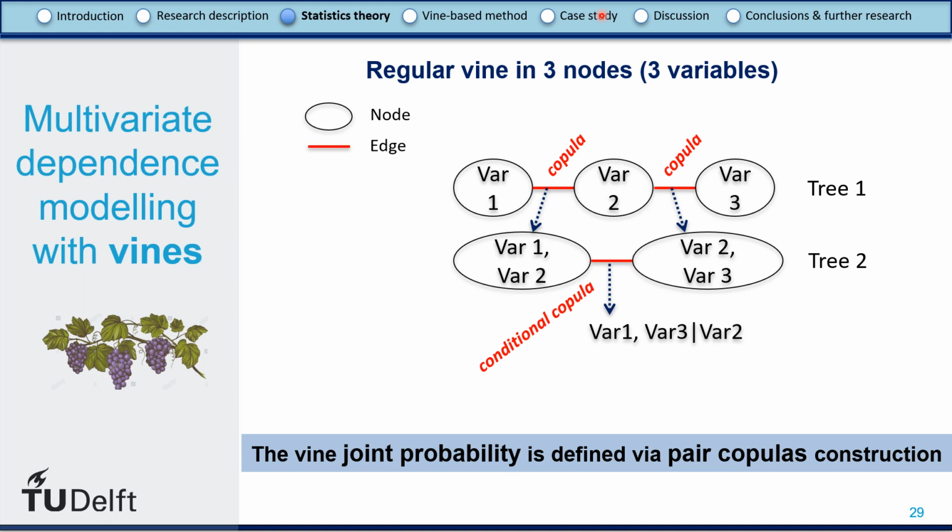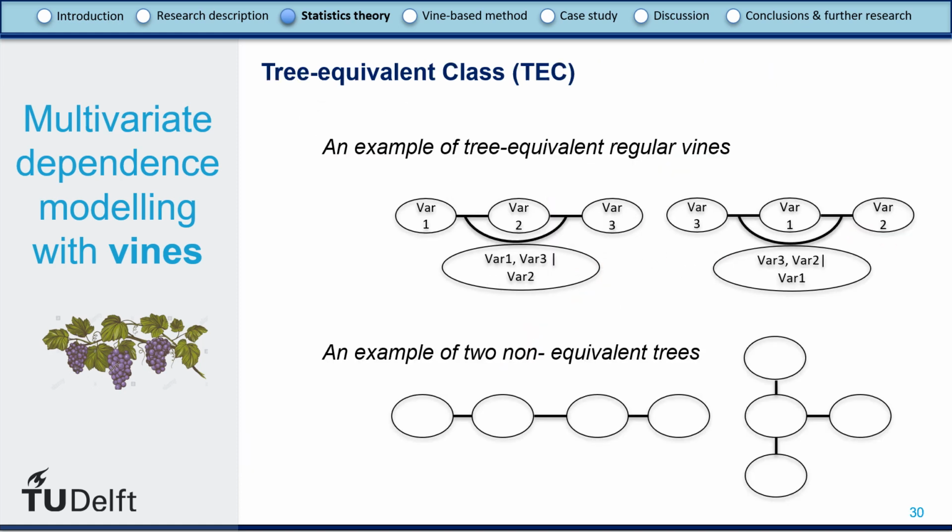Finally, a vine is regular if all pairs of edges that share a common node in tree 1 are joined by an edge in the next tree, T2. Regular vines can be classified by 3 equivalent classes.